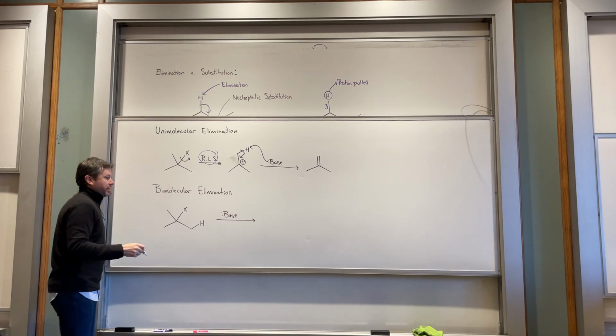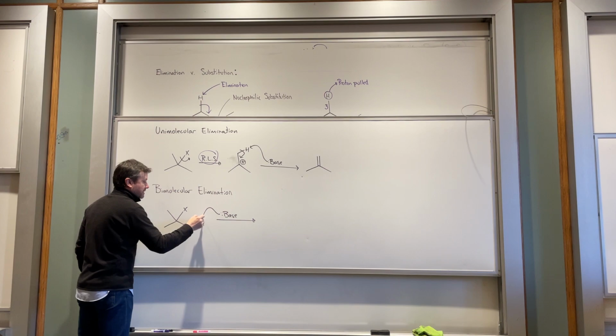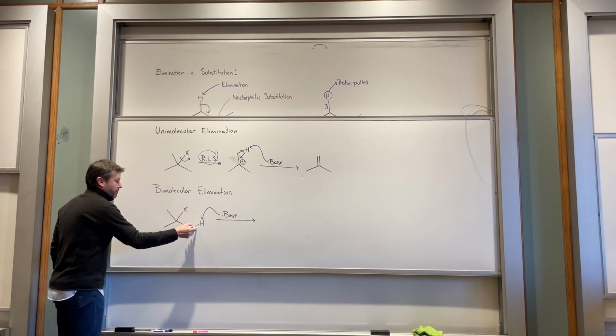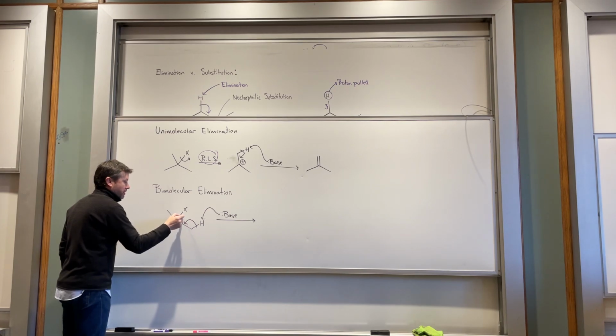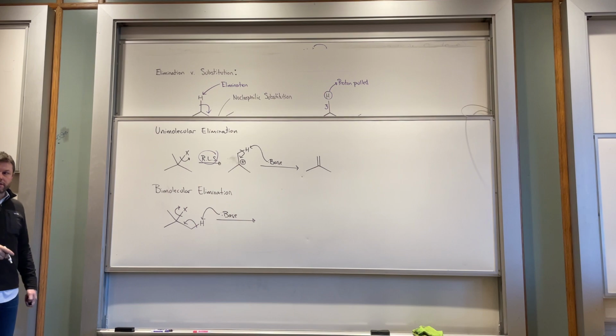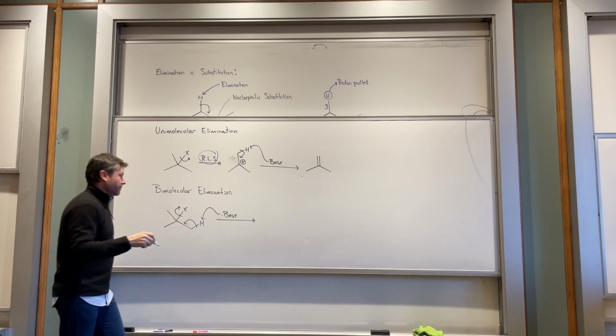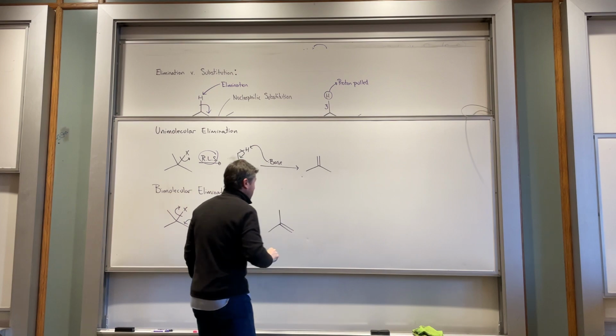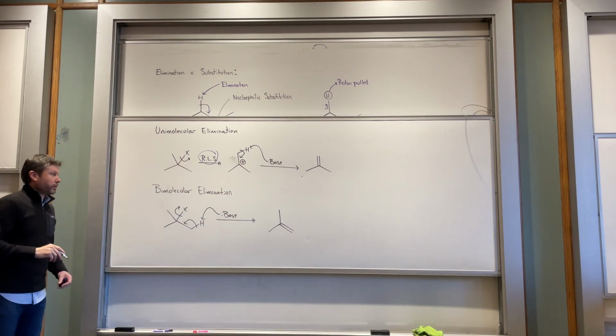In bimolecular elimination, the base and the electrophile are involved at the same time. The base is plucking off the proton, forming the pi bond, all at the same time that the leaving group is leaving. And we're going to get to the same product.